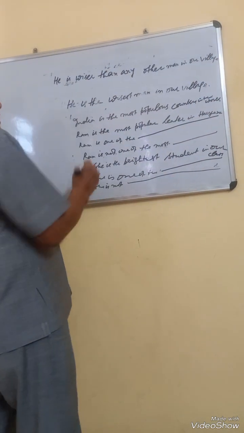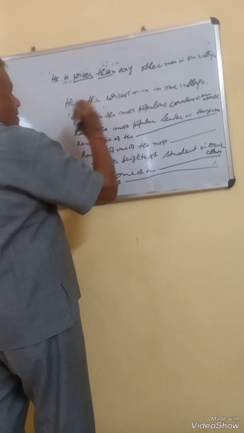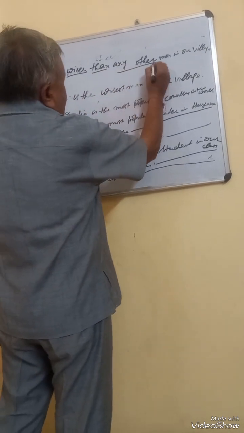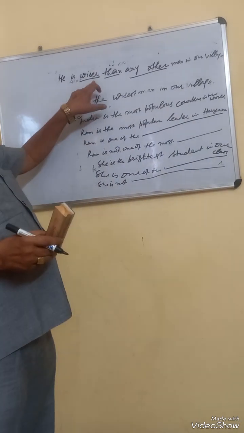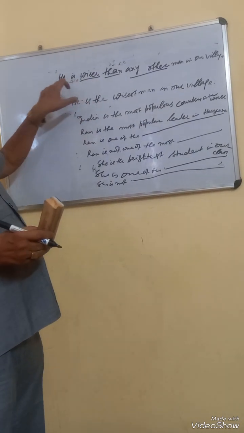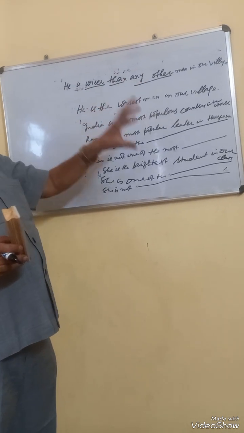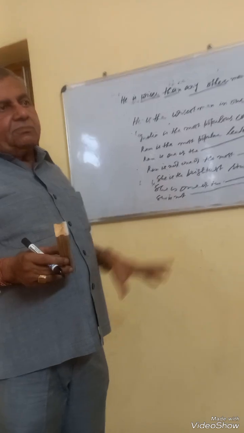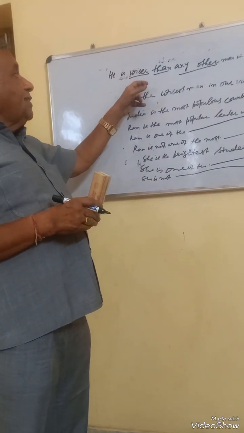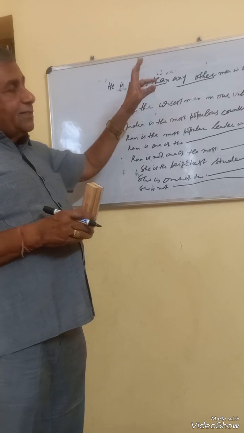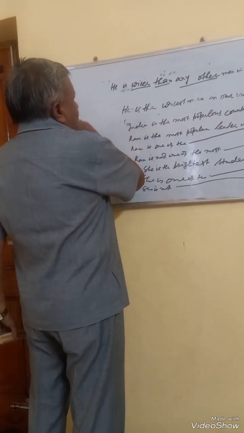So we have used this comparative degree, then than, and thereafter any other word has to be used. Only then can this convey the meaning of being the wisest person. Otherwise, any other is used in order to show that he is the wisest man. And if we are to use positive degree to convey the same meaning, then the following changes will have to be made.